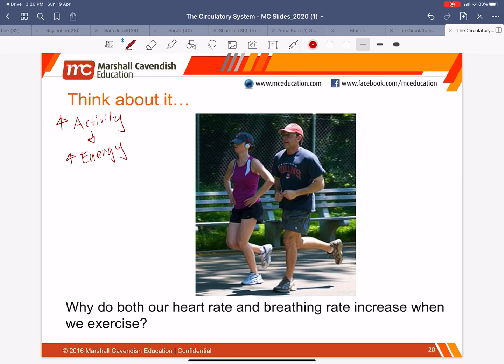Now, in order to get a higher amount of energy, you will need a higher amount of respiration, right? And in order to get a higher amount of respiration, okay, you will need a higher amount of, you guessed it, all right, oxygen as well as digested food. Now, in order to get a higher amount of oxygen and digested food, you would then need an increased rate of heartbeat.